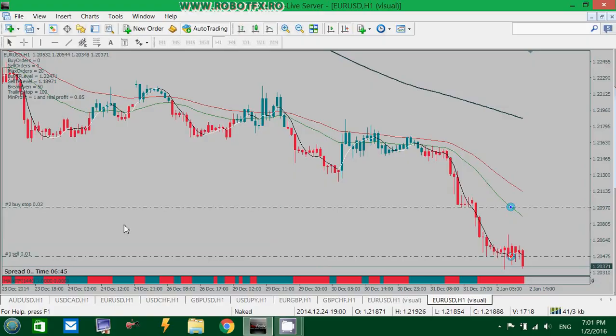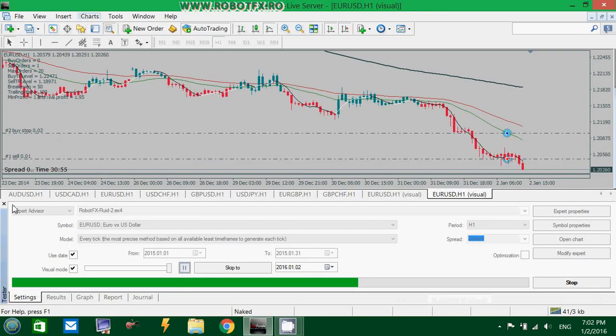It doesn't have to be double. It is calculated depending on the ratio between stop loss and take profit. It should be less than double. Anyway, let's see what happens.